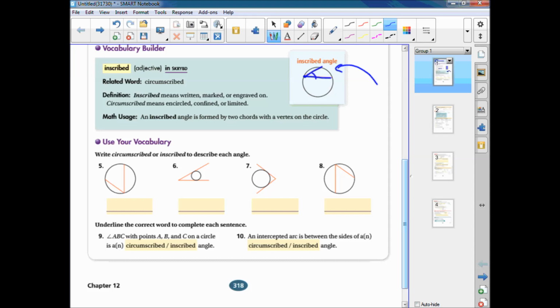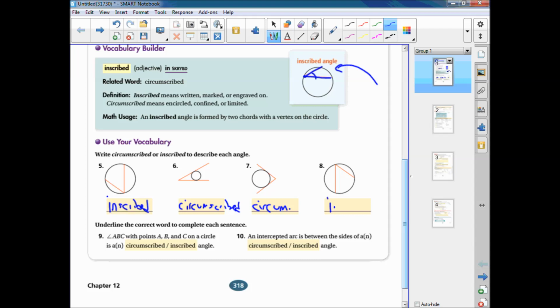Write circumscribed or inscribed to describe each angle. So our first one looks just like the picture above. So this is an inscribed angle. The second one is a circumscribed angle. The next is circumscribed.